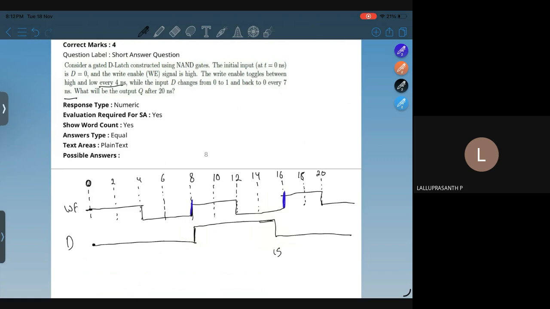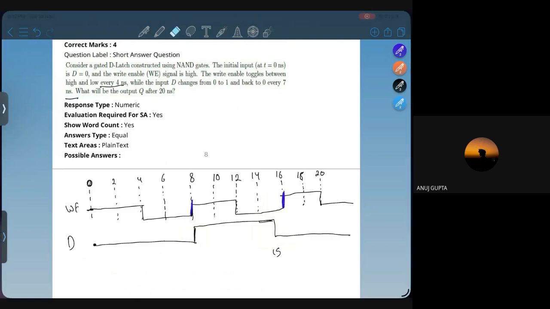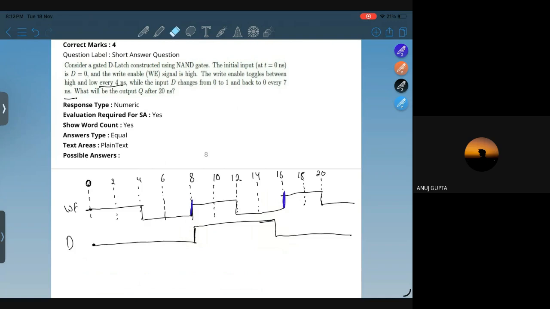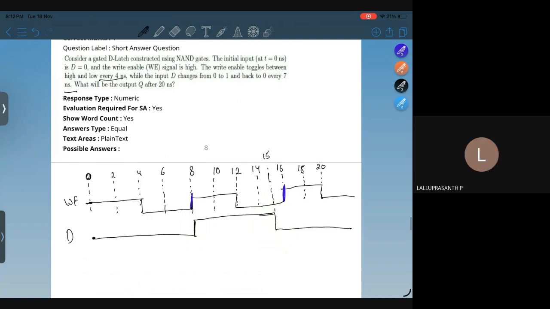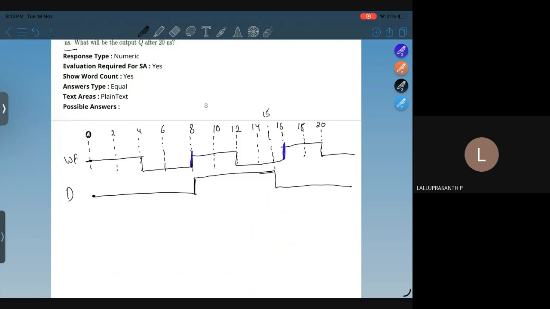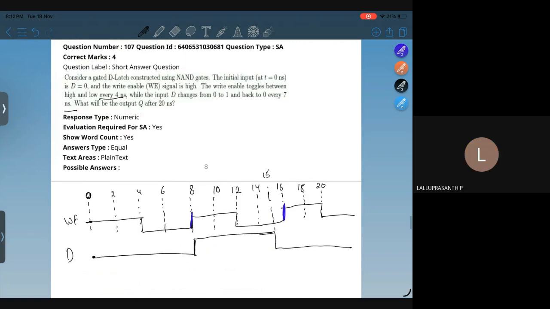Now we can draw the Q. Sorry, I thought I understood the D and Q. Sorry, my bad. What you have drawn is just the clock and the input. Now we need to come to Q.